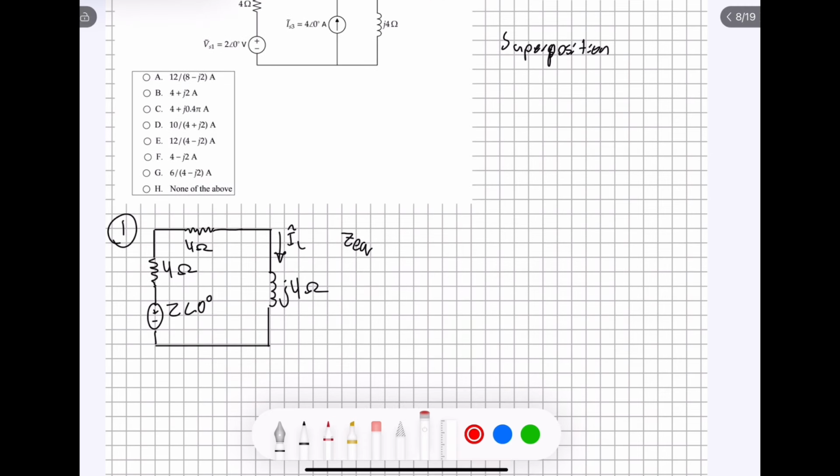In this case, the loads are all in series with each other, so we're going to use the bottom equation. So the equivalent impedance is going to be equal to 4 ohms plus 4 ohms plus j4 ohms, which in total is going to be 8 plus j4.